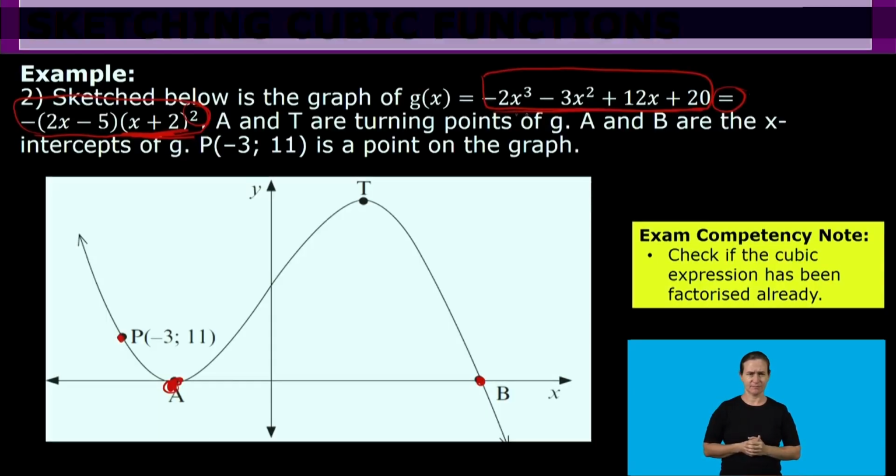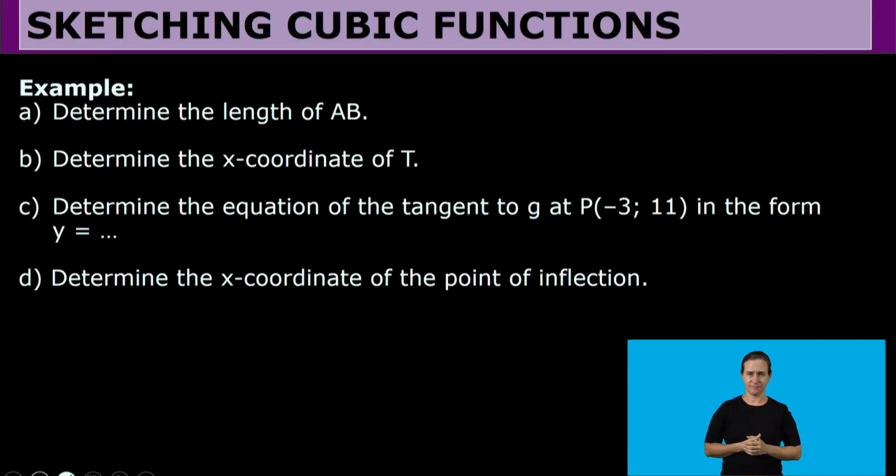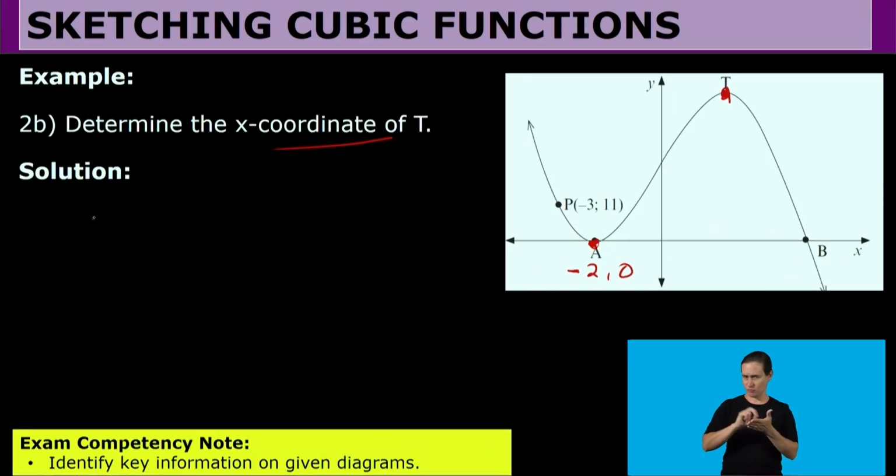It was minus 2x cubed minus 3x squared plus 12x plus 20. Let's write that down.